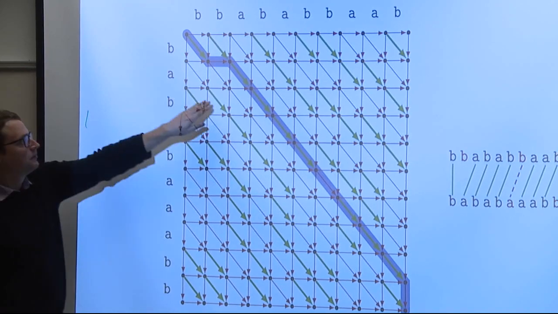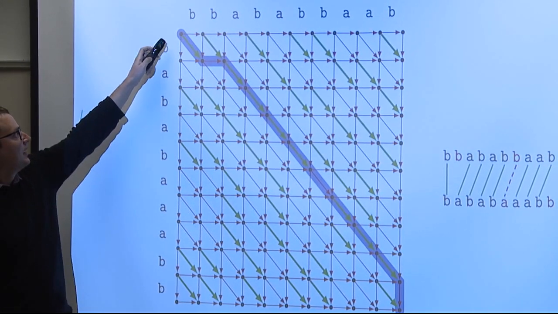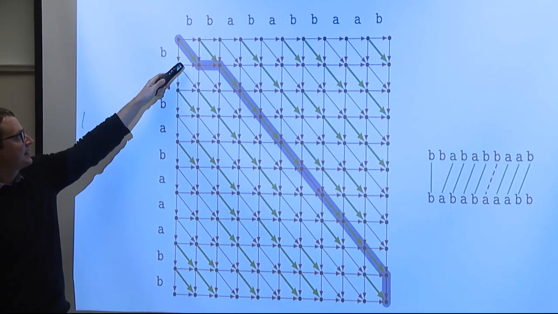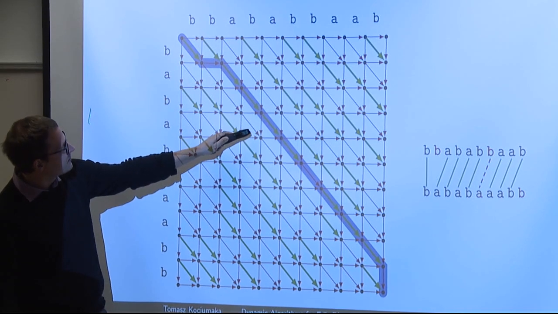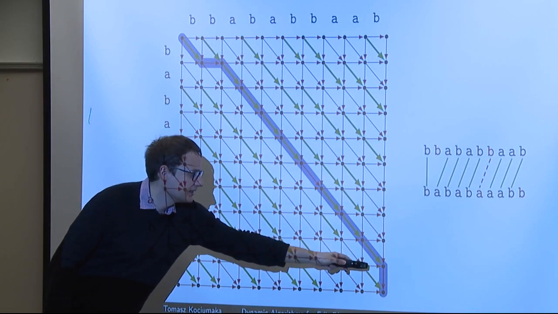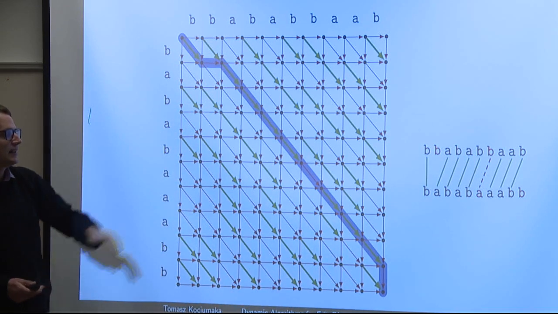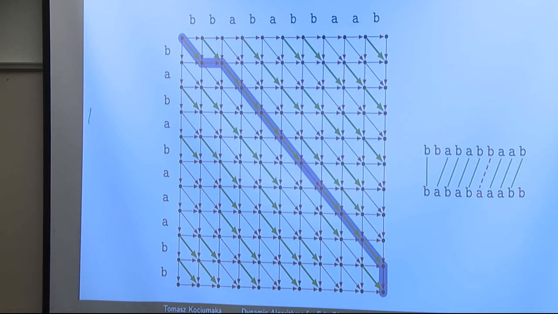So here we have this blue path, and here we have an alignment. The path matches the first character, then deletes the b, matches 4 more characters, then makes a substitution, 3 matching characters, and finally inserts a character at the end of y. And this is exactly the alignment I have also drawn on the right-hand side.